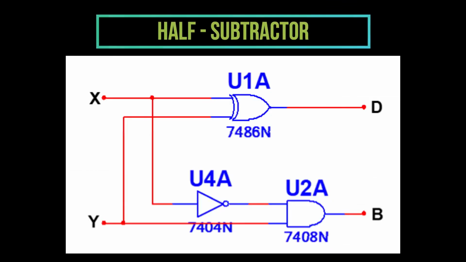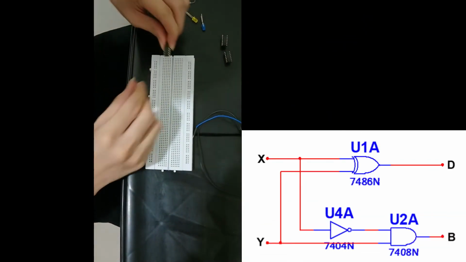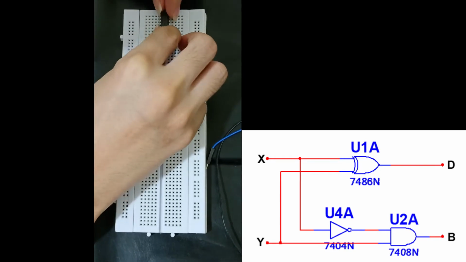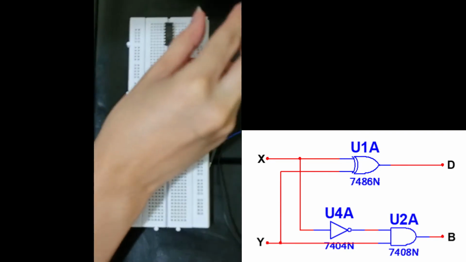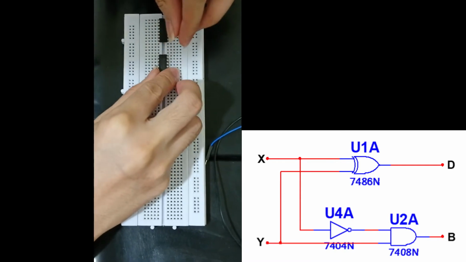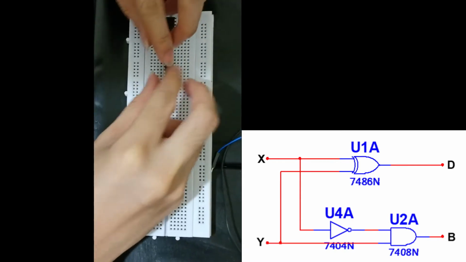Half subtractor. For the half subtractor, we will be using 7486 XOR gate, 7408 AND gate, and 7404 Hex Inverter Gate.